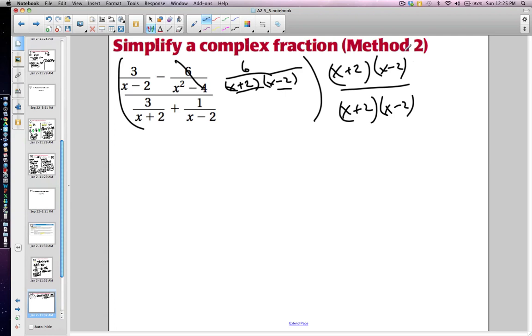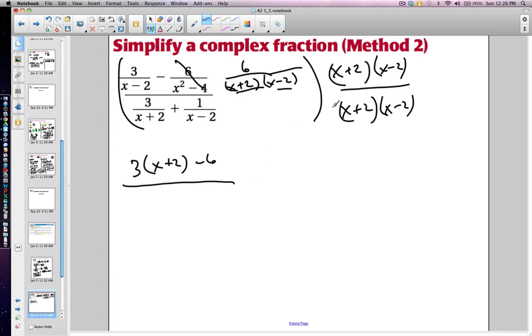So when I multiply it times the numerator, I multiply it times that fraction and also times that fraction. When I multiply these two binomials times this fraction, the x minus 2's will cancel, and I'll get 3 times (x plus 2). And when I multiply these times this fraction, both of these cancel, and I just get minus 6. And that ends up in my numerator.